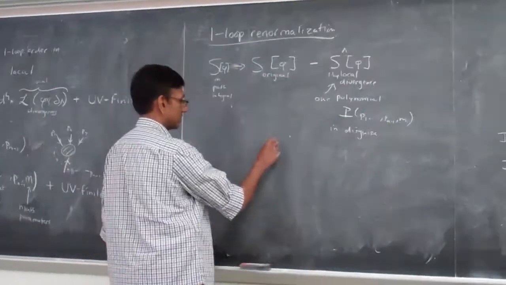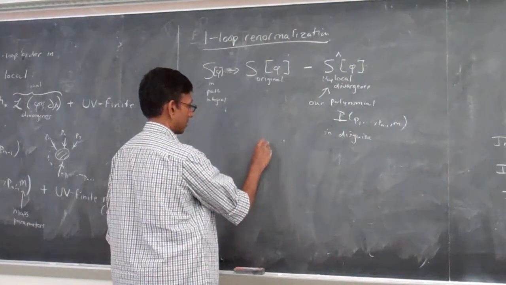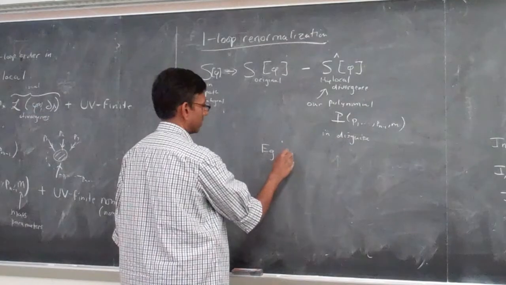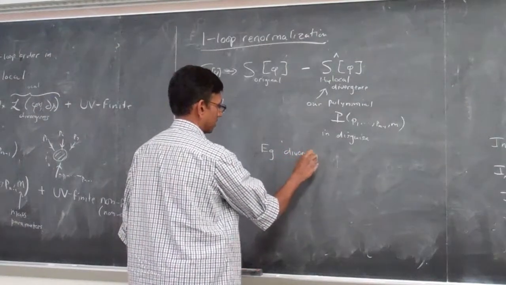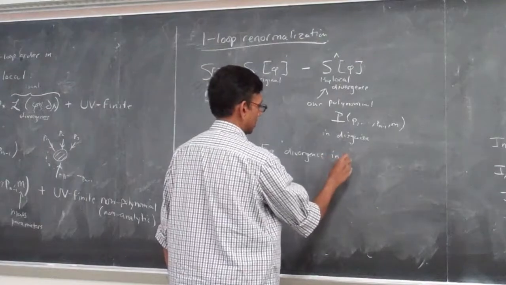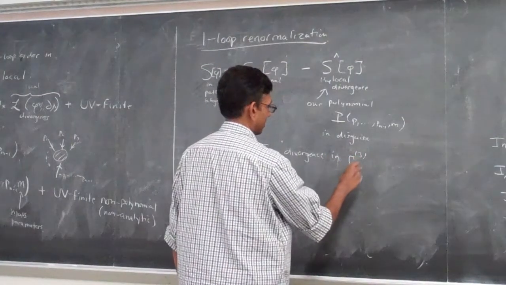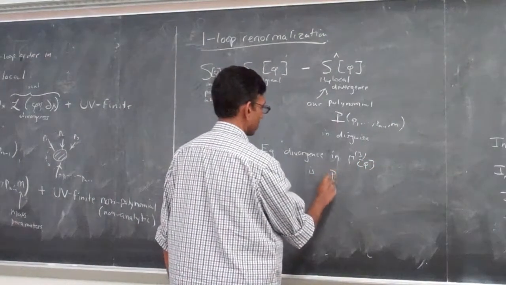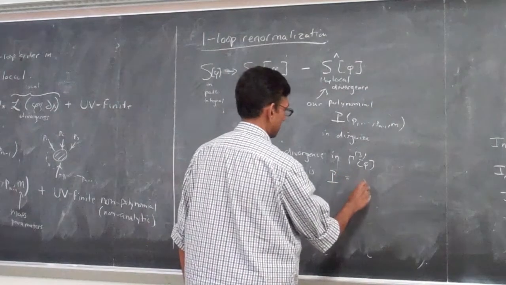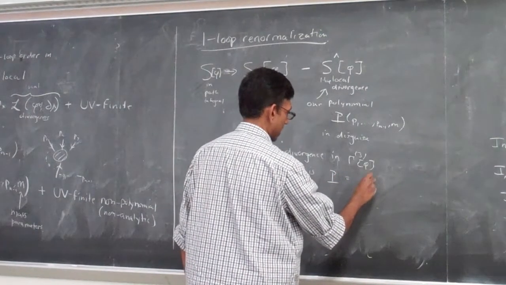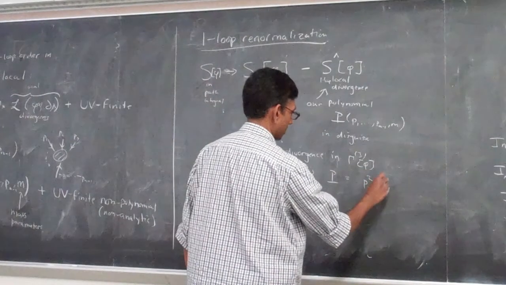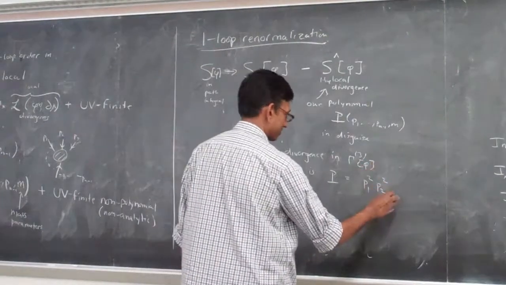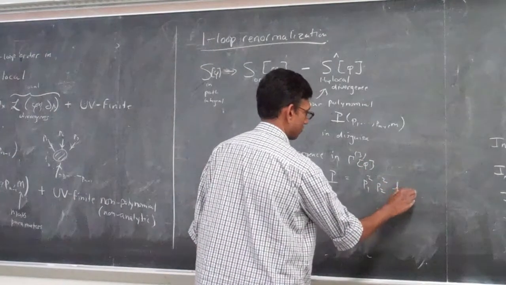For example, if the divergence in gamma of 3 is given by some polynomial p, which equals, say, p1 squared, p2 squared, I'll just be schematic, times some function of the cutoff.